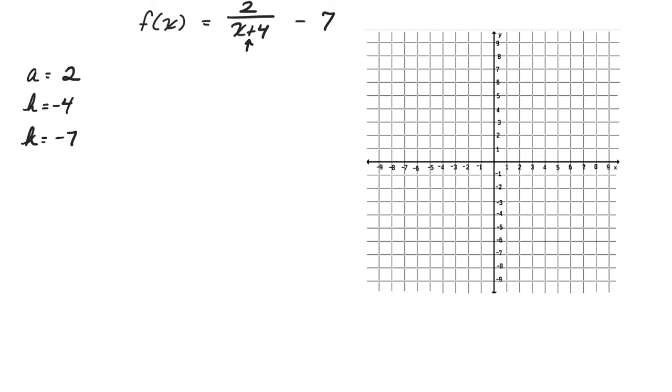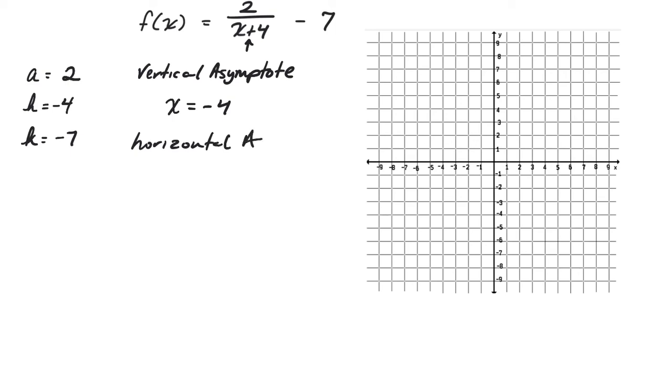So now what this allows me to do is say my vertical asymptote is x equals h, and therefore it's x equals negative 4. And my horizontal asymptote is at y equals k, so that means it's at y equals negative 7.